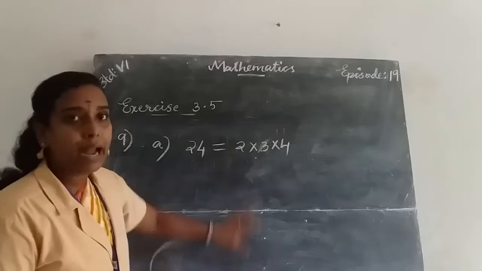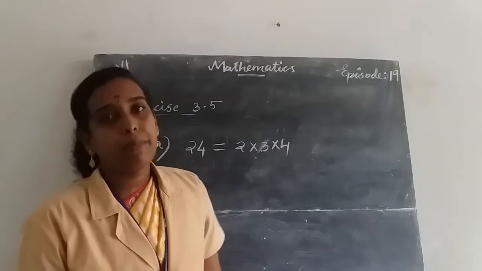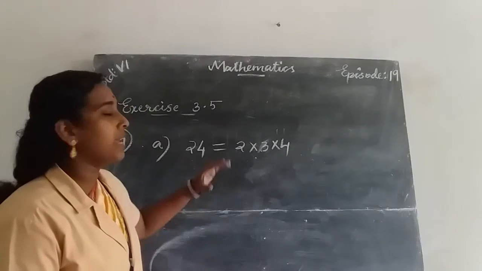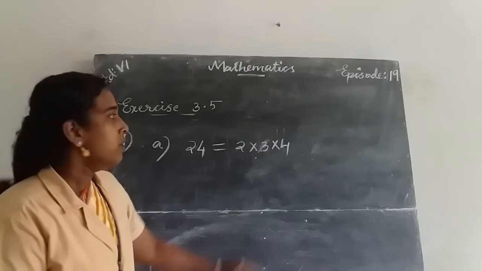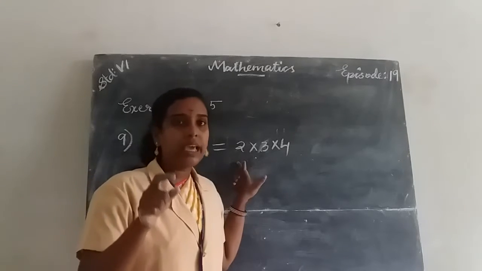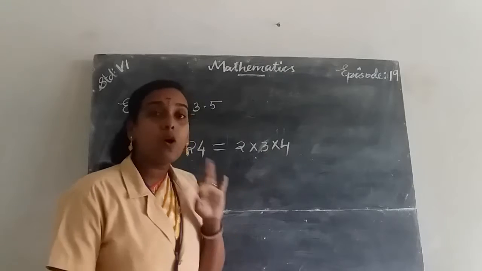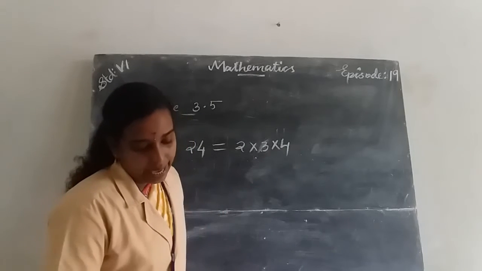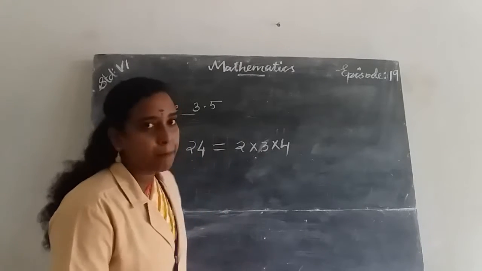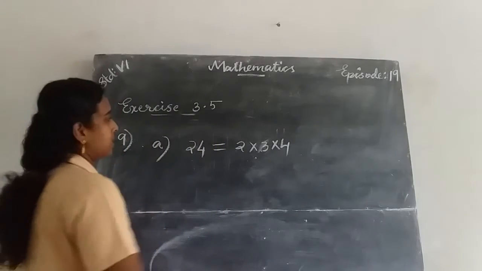This is not a prime factorization because 4 is not a prime number. In prime factorization we get prime numbers only. Here 2 and 3 are prime numbers because they have only 2 factors, but 4 is not a prime number. Hence, this is not a prime factorization.